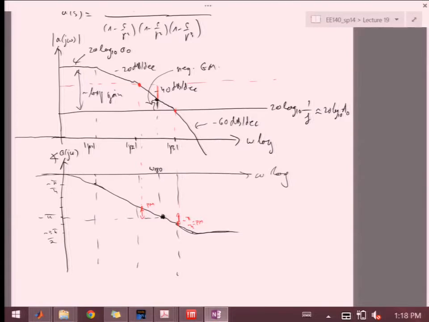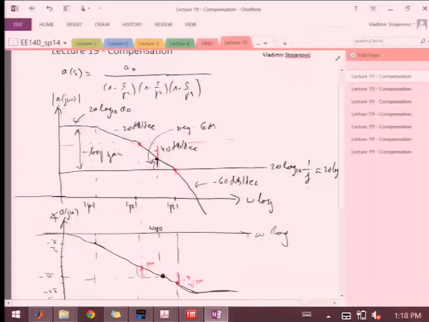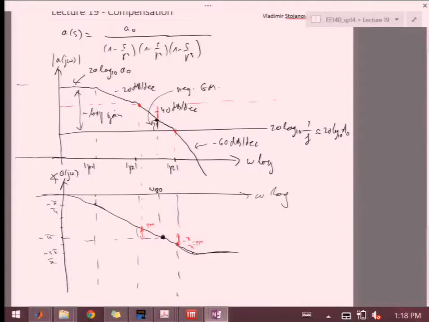So we said that the way to fix this is to do compensation, and we could add a pole to this system that would early on basically start breaking this transfer characteristic at minus 20 dB per decade, so way earlier than pole 1.